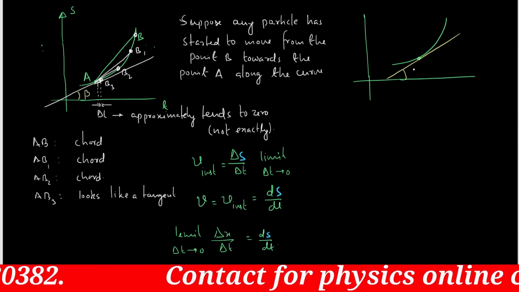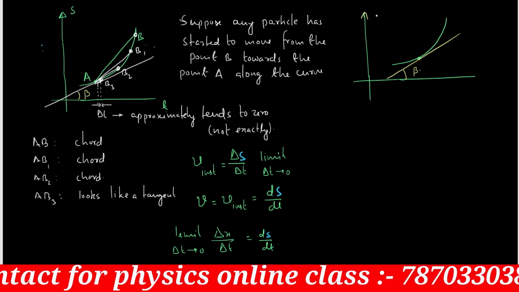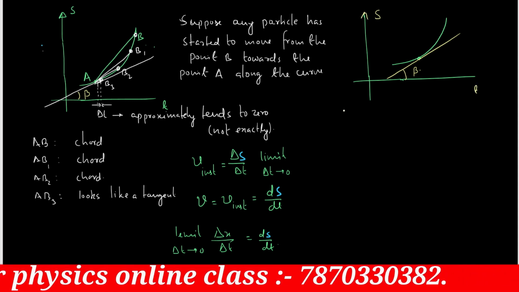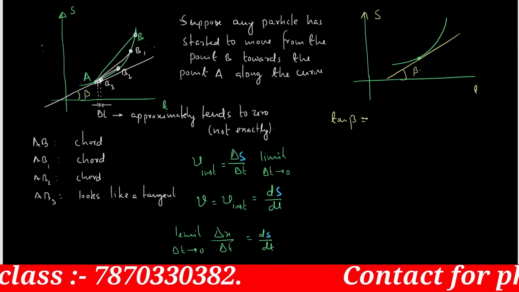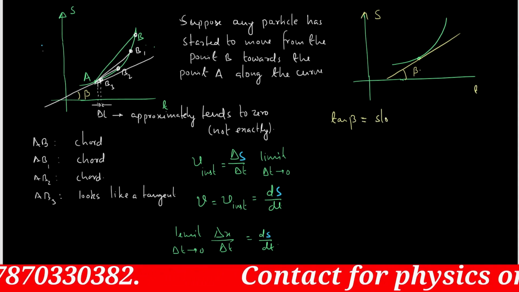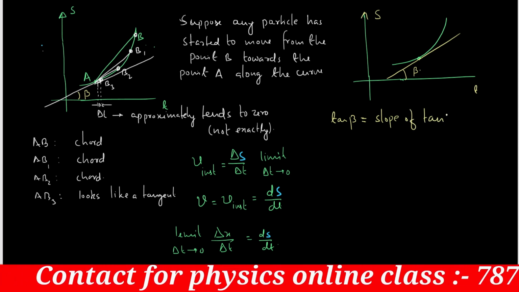This is S, this is T. What is tan beta? First of all, I have to say it is the slope of the tangent, not the chord. Slope of the tangent. Any problem, Mohammed?